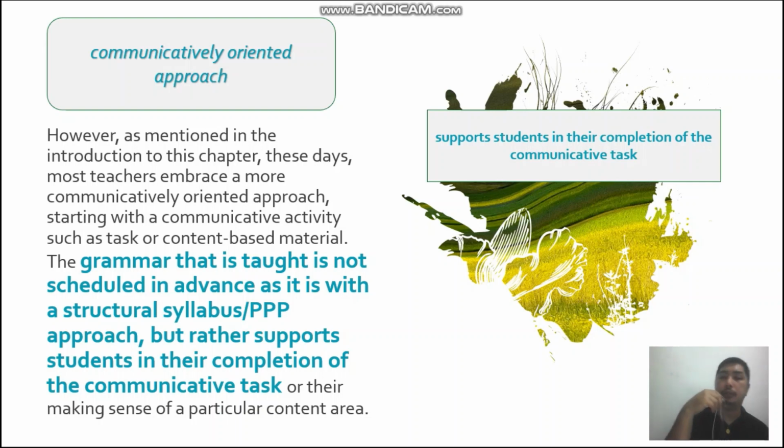That is why we have this communicative language teaching, or the CLT, starting with a communicative activity such as task or content-based material. So it could be task-based teaching or content-based. The grammar that is taught is not scheduled in advance, as it is with a structural syllabus PPP approach, but rather supports students with their completion of the communicative task.